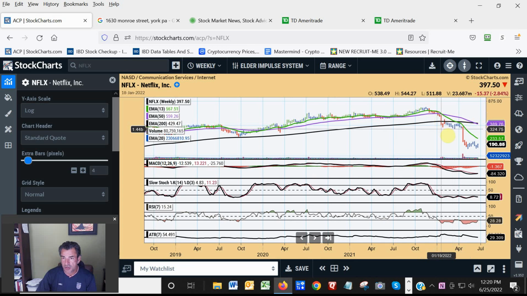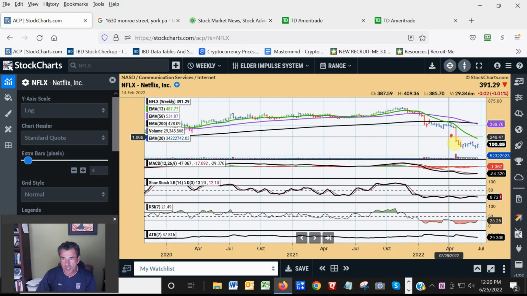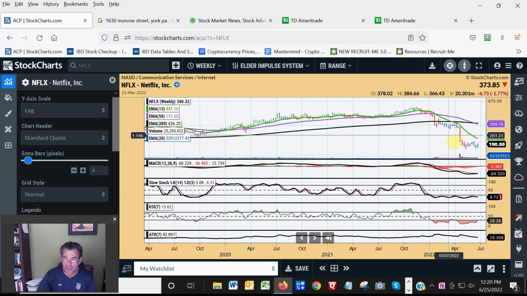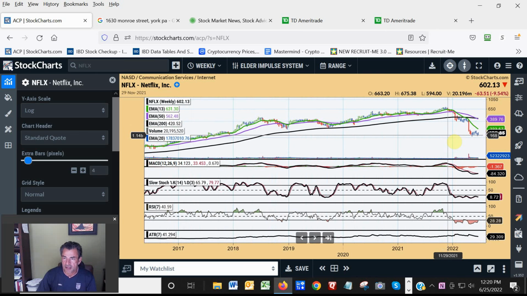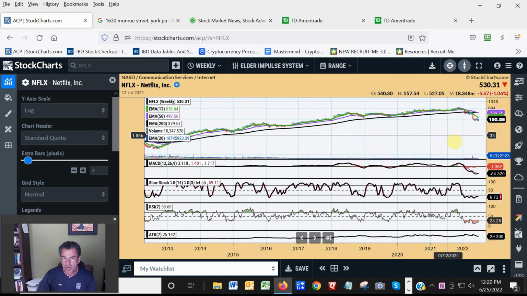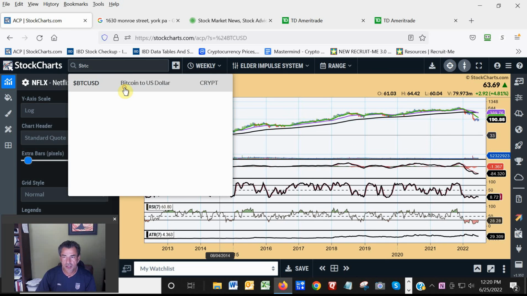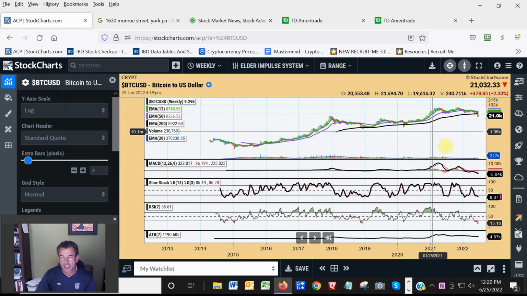Again, sliced through the 200-day moving average, tried to go back up, didn't work. Tried to kind of go back up again here, didn't work, and then boom, dropped again like a tank. So once you start to see these things, you start to notice these patterns.